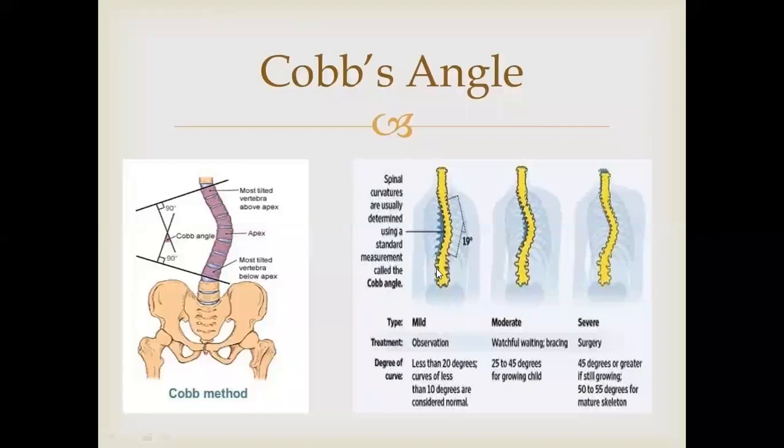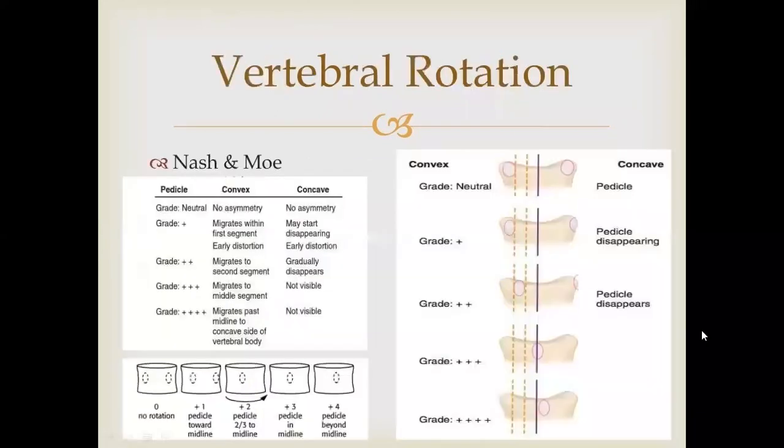As you can see, the severity is classified as mild, moderate, and severe. The treatment is observation for mild, watchful waiting or bracing for moderate, and surgery is required for severe. Next up, the vertebral rotation, Nash and Moe, as you can see.